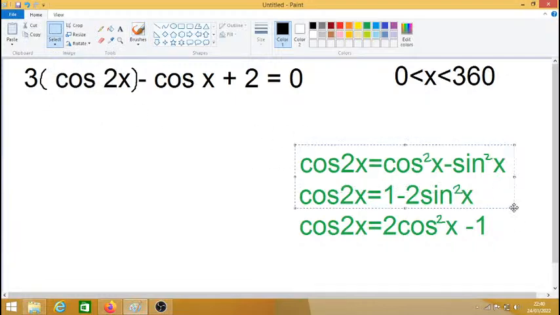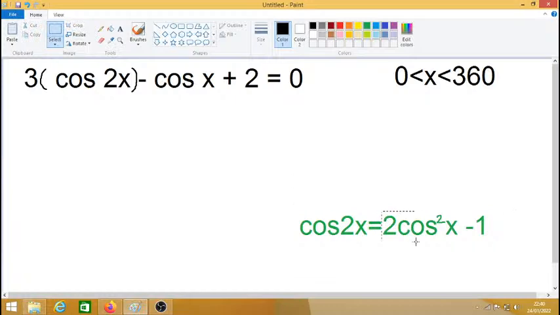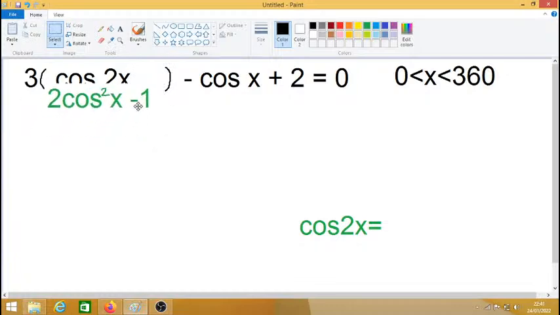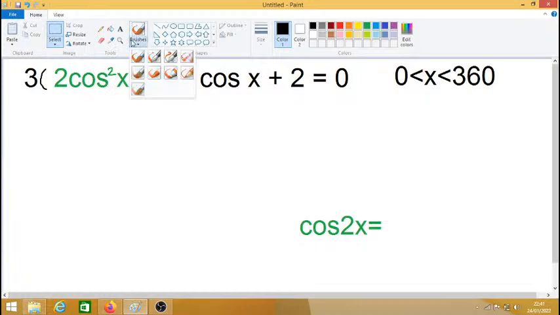So the first two we can get rid of, but this third one, that's the one we want. And we just want to put that within the brackets here. So this can go in place of the cos 2x. That's good now because now we've got cos x and cos x. This one's got a squared in it, but that's okay. That's better than having the 2x.